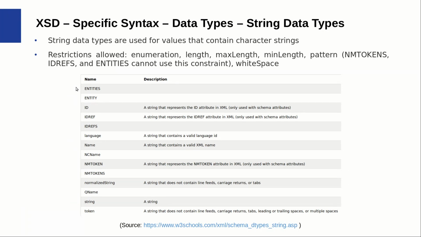So here are the string data types that you can use. I've taken this list from this link of W3Schools. And we have all these string data types to use with the type or base attributes. And with them, you can use these allowed facets as you want.